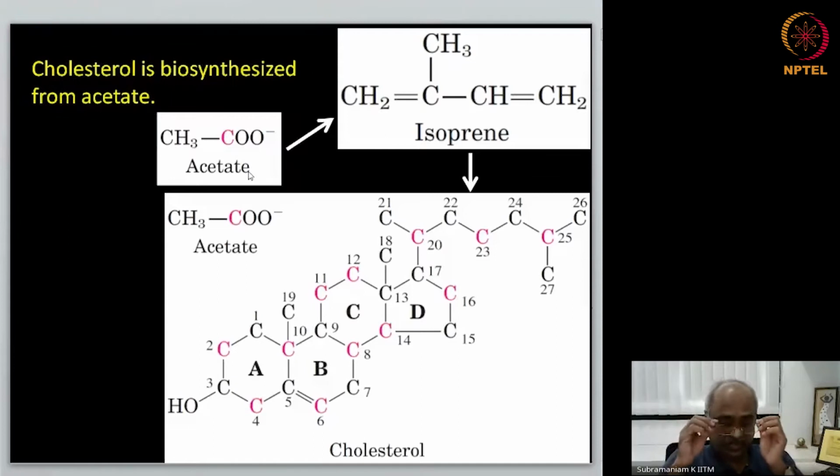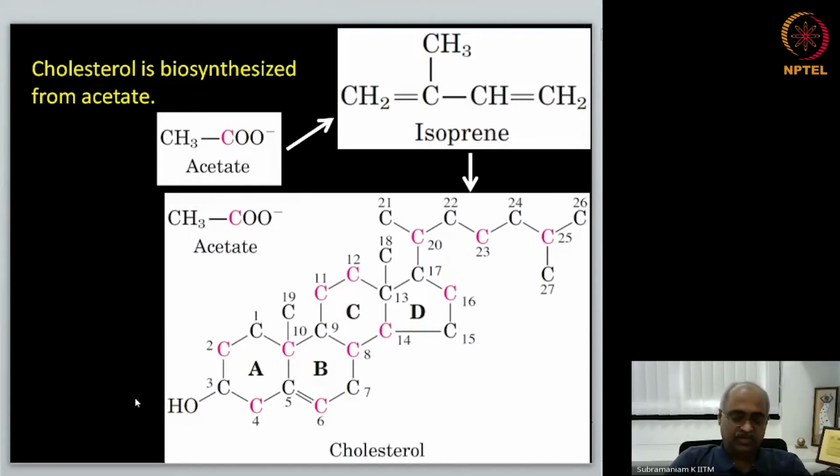As you see here, it has a 4-ringed structure, and this is one of the complex biosynthetic processes that exist, and it took a lot of effort for those who figured this out. So essentially it has 3 major steps, and we will see them first, and then we will see step by step, but we will not see all the steps.